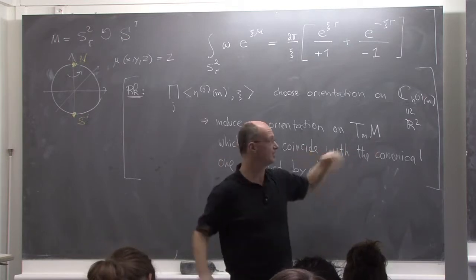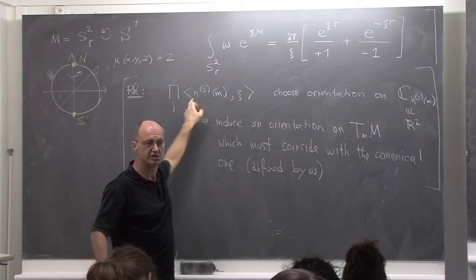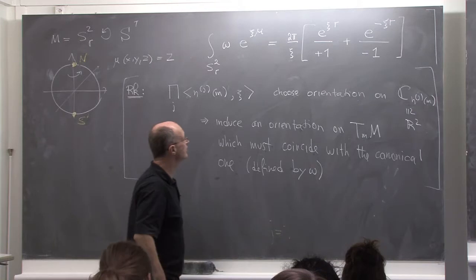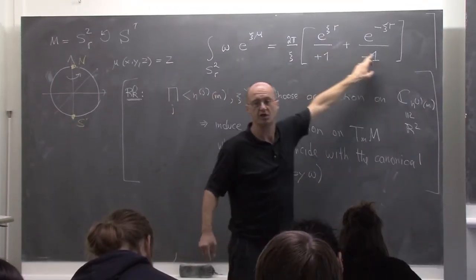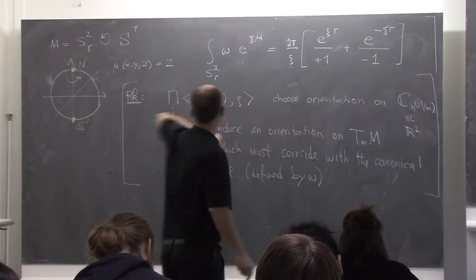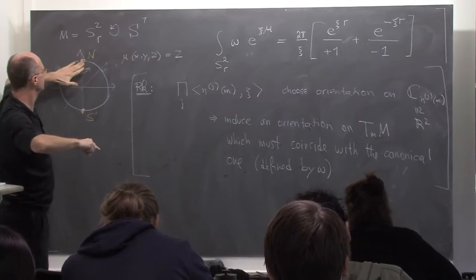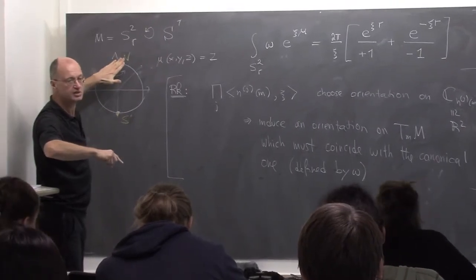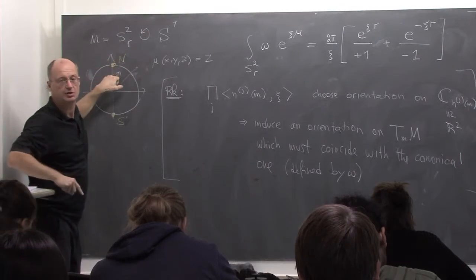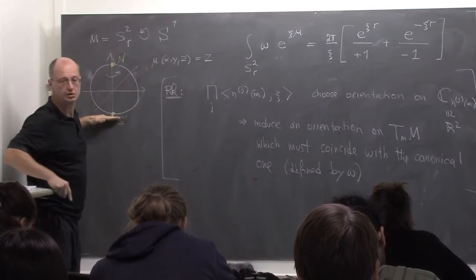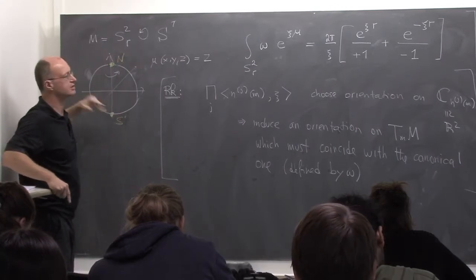So the weights themselves are not well defined, but this product is well defined. In particular, when I say it turns out that this is +1 and this is -1, this means that the orientation of this tangent space defined by the symplectic form is such that here the rotation is positive and here the rotation is negative. So that's the statement.